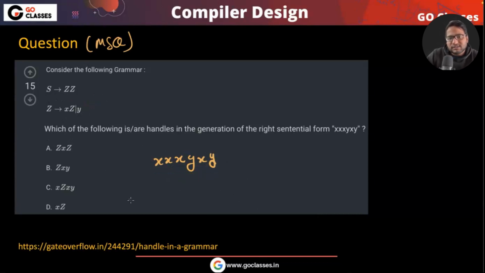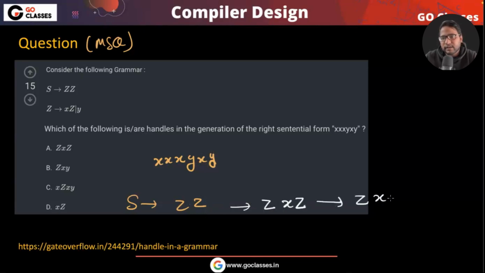Now let's see this. Now this S will give you Z from the first or from the second Z, because this is a right sentential form. From the second Z, we want to generate XY. So this Z will remain as it is. This Z will say that I should go to XZ, and then this is XY. And then this Z will be generating 3X.